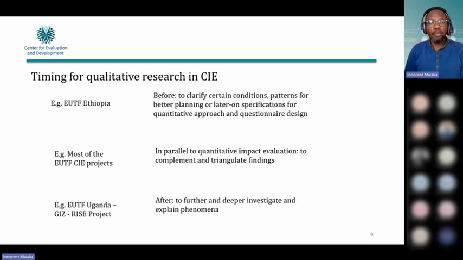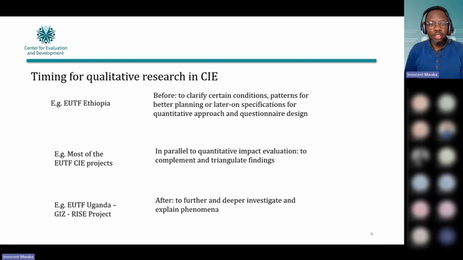So the two groups sat together and tried to find out the different contexts, what was needed, and the qualitative team went into this area and carried out some key informant interviews, and we used this information to inform the quantitative design of the tool, and then after that we could go into the field and collect the data.